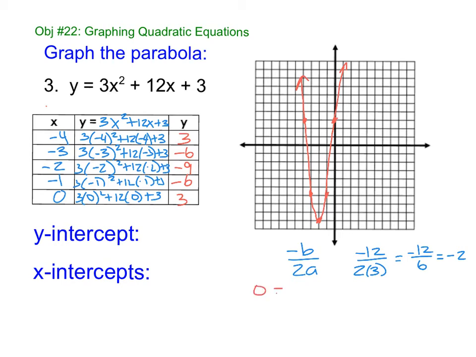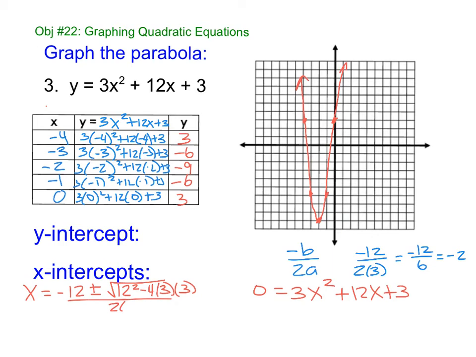So 0 equals 3x squared plus 12x plus 3. We could try to factor it, but I'm pretty sure this is not going to be factorable because it's going to have a weird answer. So let's use the quadratic formula. x equals negative b plus or minus the square root of b squared minus 4ac, all over 2a.